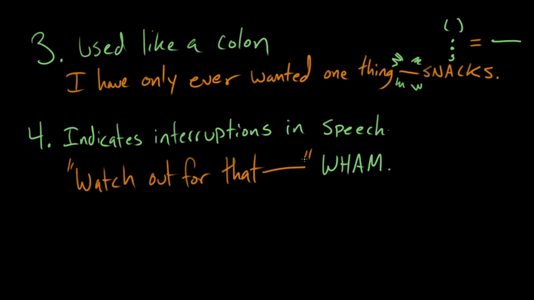So we're using this dash to say that this sentence was interrupted by something, and then we deploy this sound effect. But it could be anything really. So if you're trying to write down dialogue that is being cut off by something, by another person interrupting, by an avalanche of ice cream, I don't know, whatever it is, then you would use a dash at the end of the sentence.